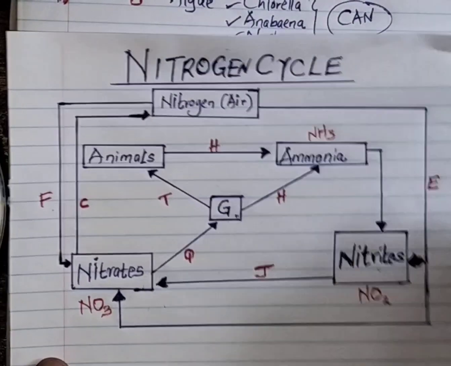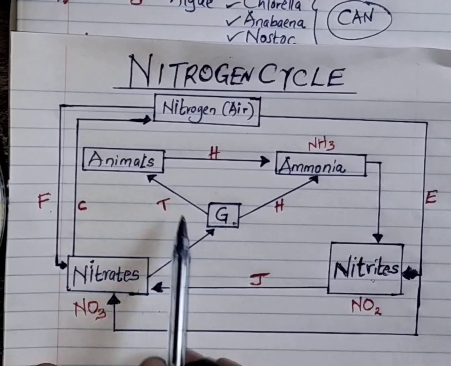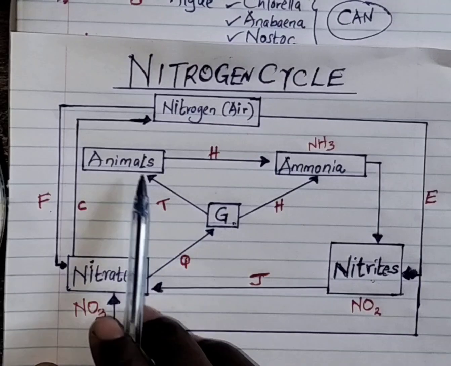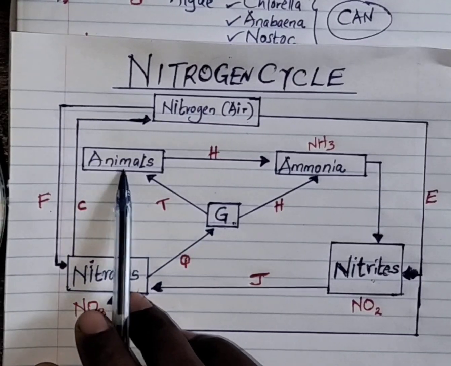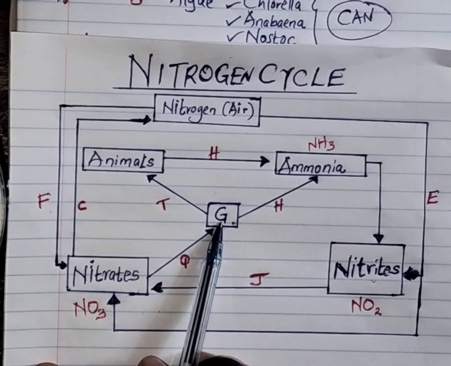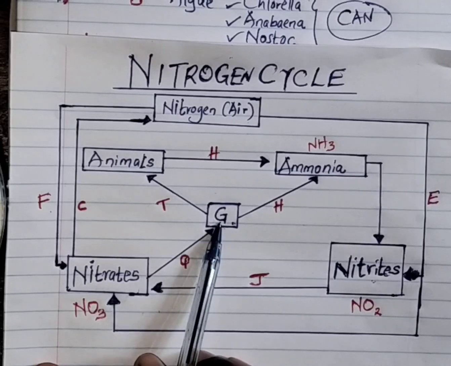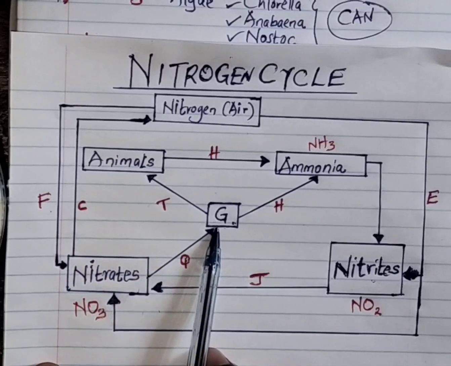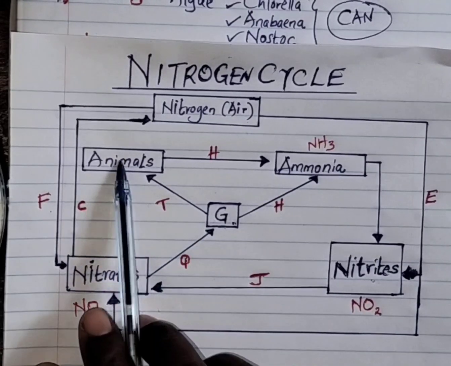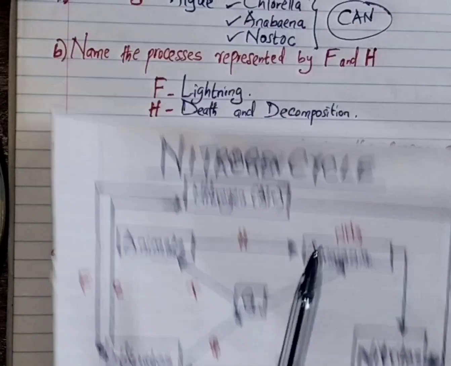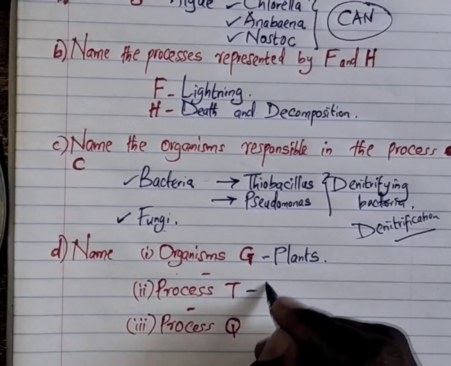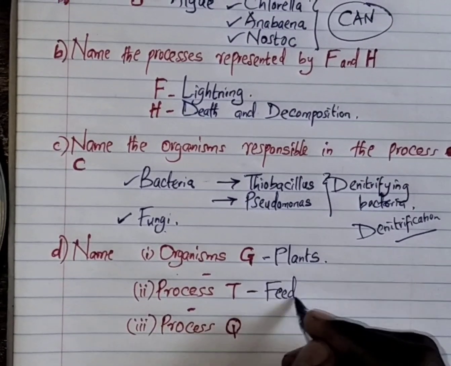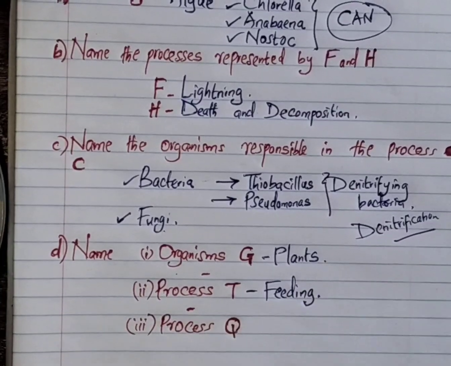What about process T? The process by which animals eat plants, that process is feeding. That is kind of nutrition. Animals will feed on plants. So T is feeding.